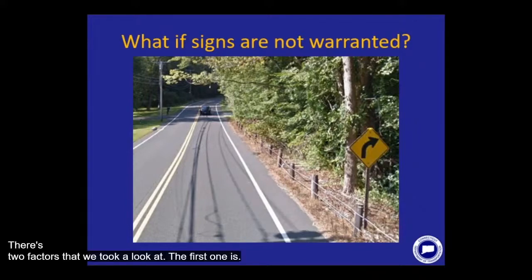The first one is if the curve is located within or in close proximity to a traffic signal or stop sign, as they would have more of an effect on how motorists would select their travel speed than the curve itself, especially because these locations usually have warning signs before the traffic signal or the stop sign to warn the motorists that they need to slow down or stop when they get to that intersection.